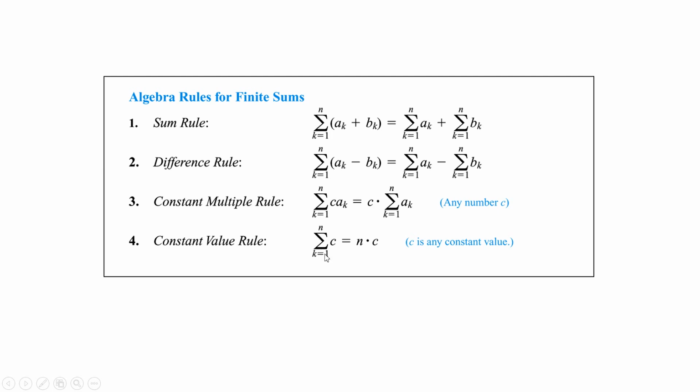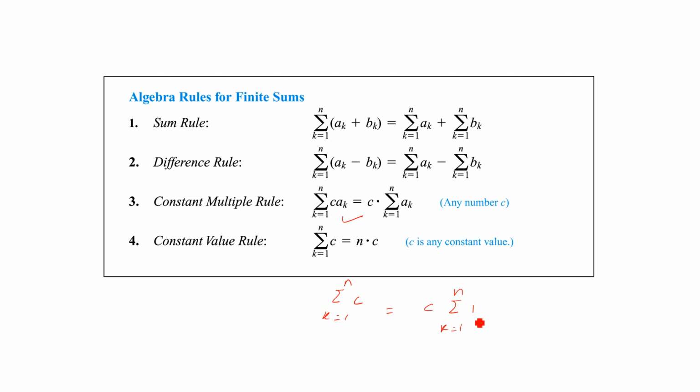And what about the last one? Sigma k varies from 1 to n of c, where c is any constant. See, how can it be n into c? Using the constant multiple rule, we can have c outside, sigma k varies from 1 to n, and what is left inside? 1.